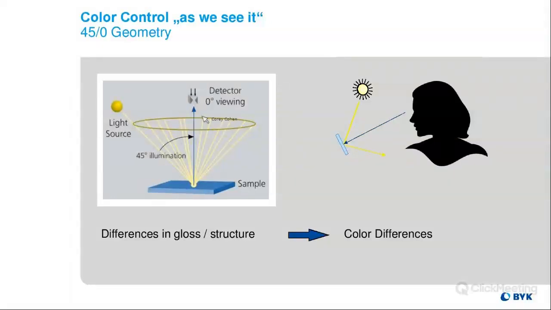So this instrument, the 45-0, is meant to mimic how we see things, and it measures colors, we say, as we see it, meaning that differences in the gloss or the structure of the surface are going to lead to measured color differences, just like they lead to observed color differences when we look at something.